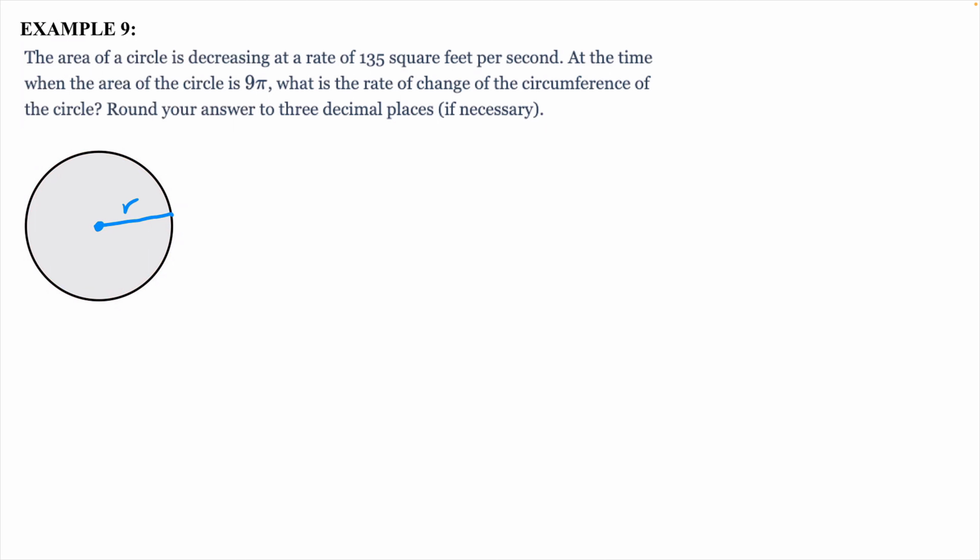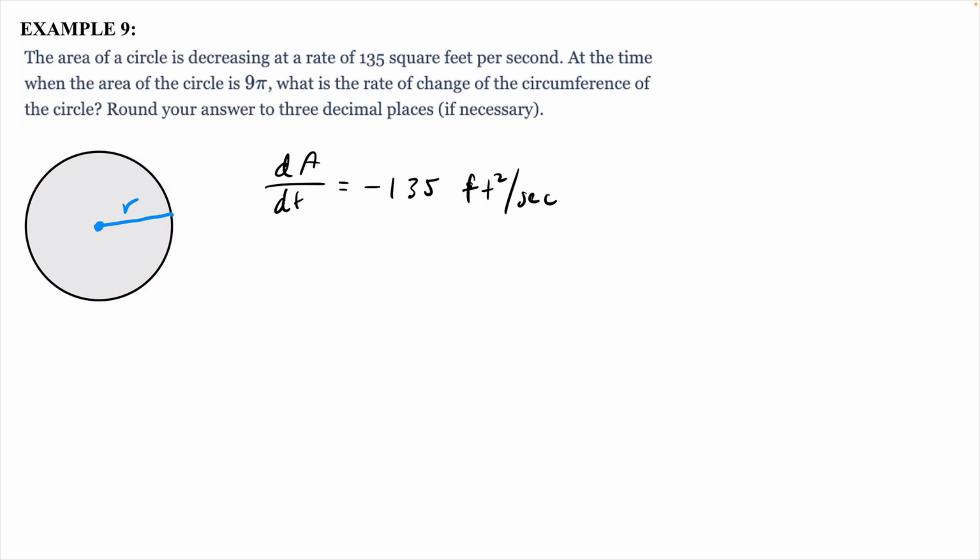The rate of change for the area, dA over dt, is 135 feet per second. The area is changing, so we write dA over dt equals negative 135. It's decreasing at 135, so it's negative 135 square feet, feet squared per second. Good.